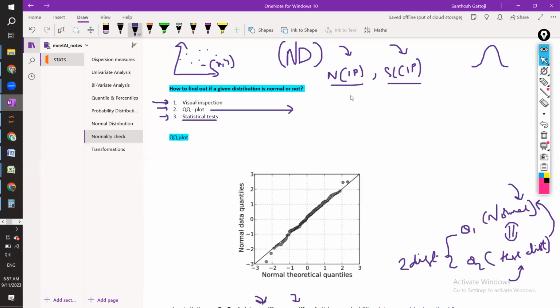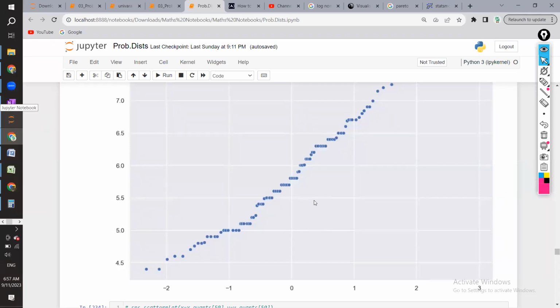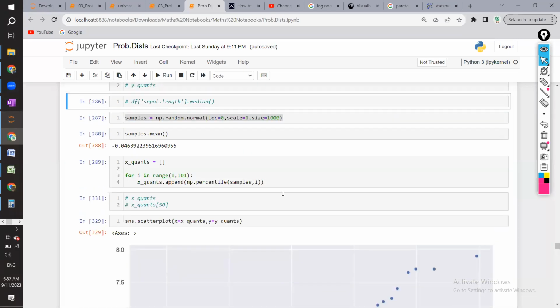Like that 2p, 2p, like that 100p, 100p. So we have 100 points, and it will plot all 100 points. Once you do that, the graph looks almost like a normal distribution. So this is how you can statistically prove that a given distribution is almost a normal distribution.